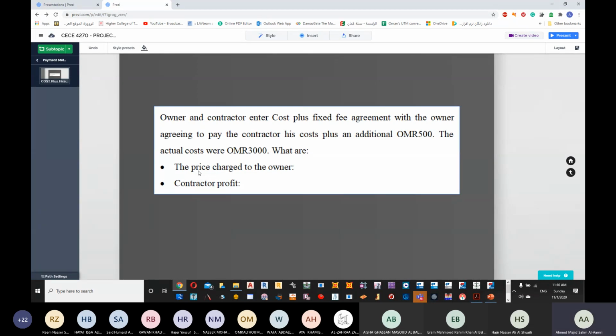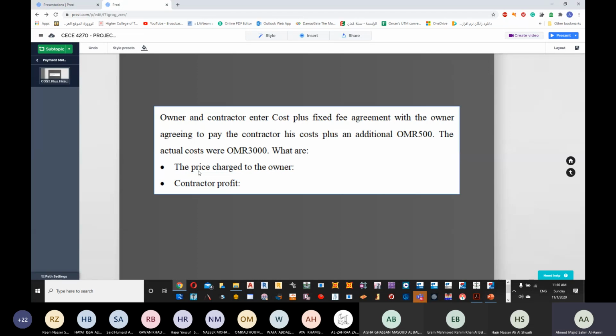So once again, in this method we are going to pay the actual cost for the project itself, plus a certain fixed value for the contractor, whether the project finished fast or late, whether it took time or not.